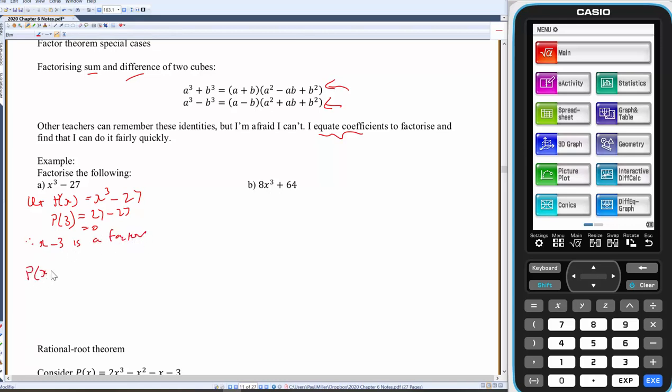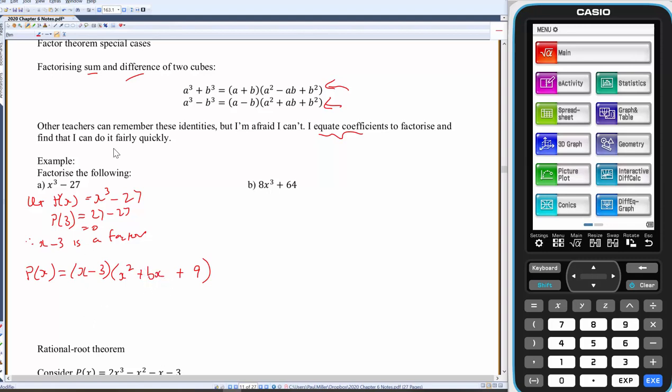All right, so let's rewrite p of x equals x take 3 multiplied by something here. Okay, so x multiplied by what gives us x cubed? Well, that's simply going to be x squared. -3 multiplied by what gives me -27? I believe that that is +9. Okay, and all I need is to work out what this middle term is.